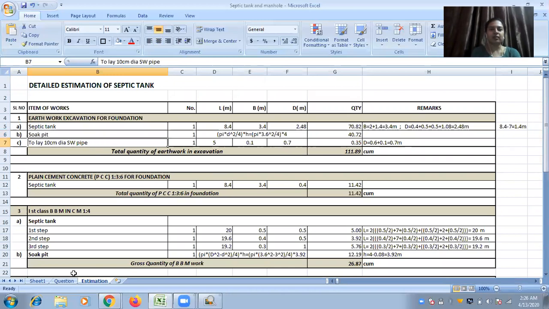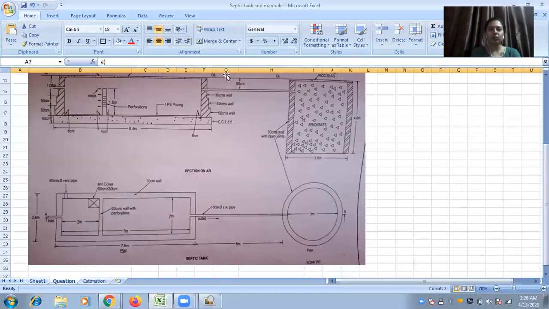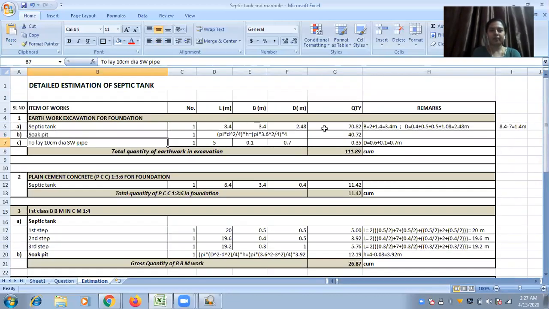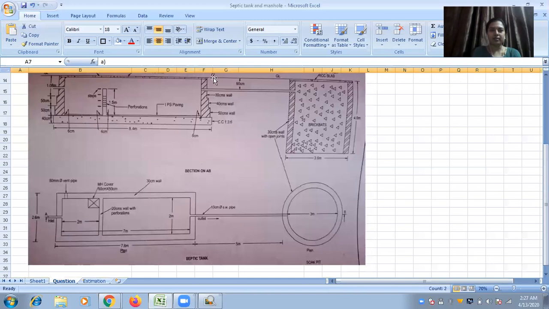Next, to lay this connecting pipeline, you can observe length is 5 meter and breadth is diameter of the stoneware pipe, that is 10 centimeter, that is 0.1. 0.1 is B, length is 5 and depth is, see, this is the depth.